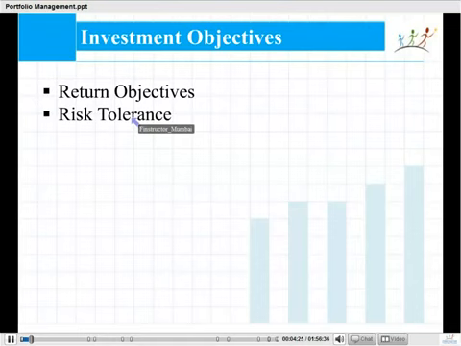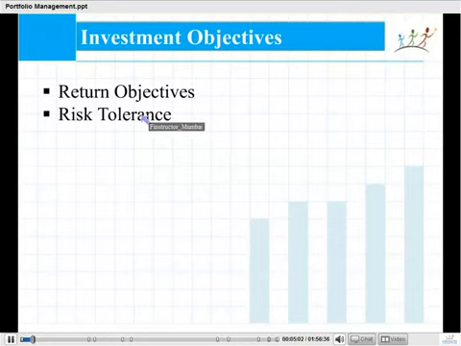So if the client does not have many other sources of income, if his risk tolerance is not very high, then even though the return objectives may be very high, you may need to counsel your client that you cannot take too much risk. Hence, you should revisit your aspirations with the level of portfolio that you are carrying. This is a good target for return, and this is a good target for risk that we should be carrying, and hence this is what we can be looking at in the long term as generating out of the portfolio.